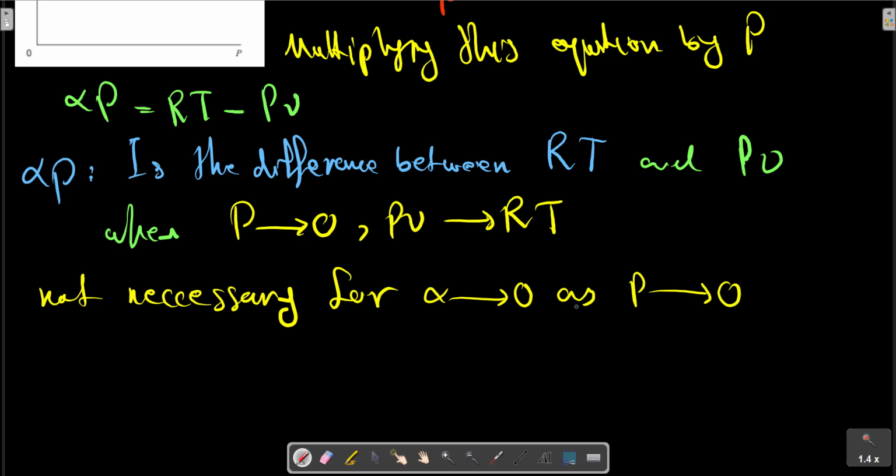Instead, it is only required that alpha remains finite.